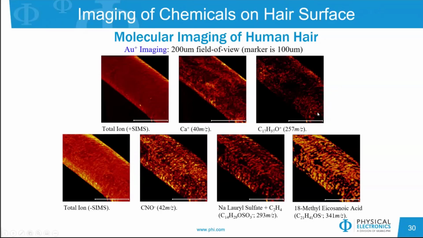Some ions come off better as negative versus positive, so you can look at different polarities to gain different information about your sample. In negative mode, you can see the CNO, and then sodium lauryl sulfate, a common chemical used in shampoo and conditioner, and how it's distributed over the hair, as well as this fatty acid. I really want to note here that these aren't flat, perfect samples. They have topography, they're rough, they have different depths, and you can still gain good information from these samples.